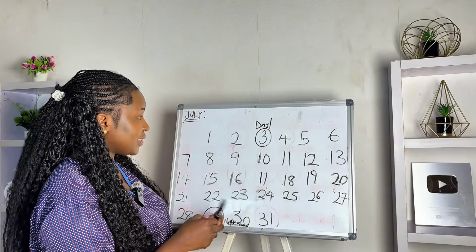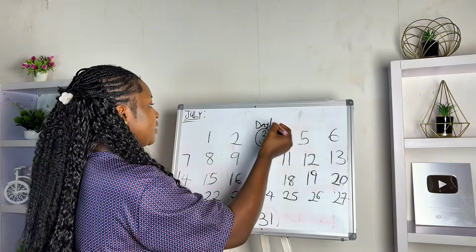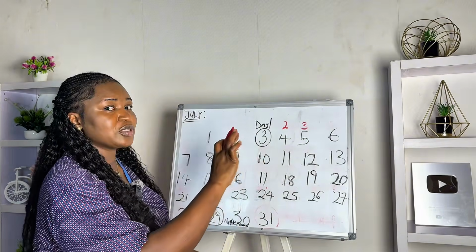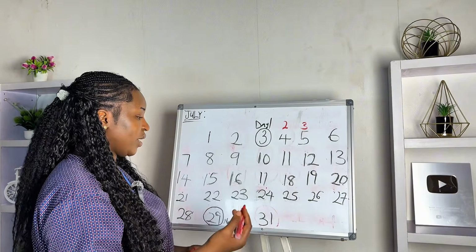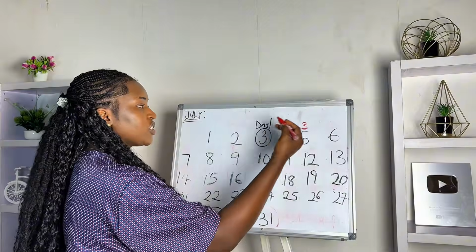We're going to assume it lasted for 3 days. This is day 1, day 2, day 3. So we're not going to stop counting from there. Since we're trying to get the cycle length of this person, we're going to continue counting.